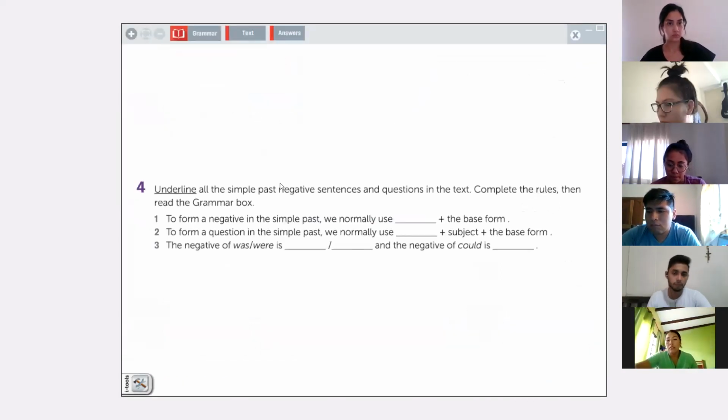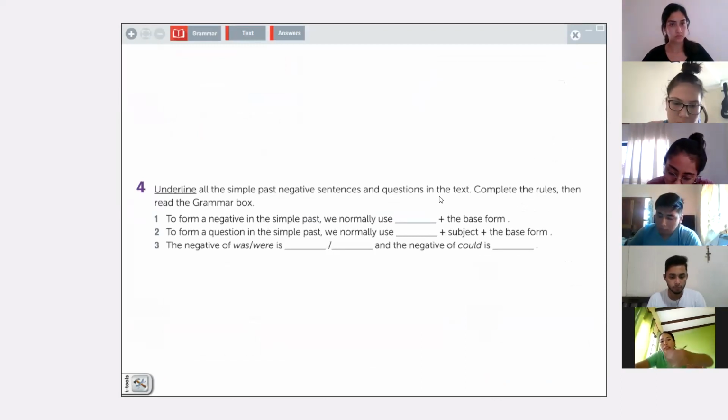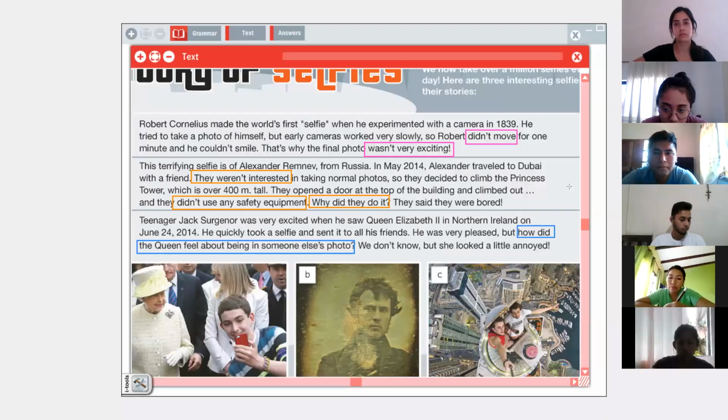Underline all the simple past negative sentences and questions in the text. Okay, so I want you to do this. Okay, now that you have the sentences here, negative sentences and questions, I want you to help me to complete here the rules in exercise number 4.